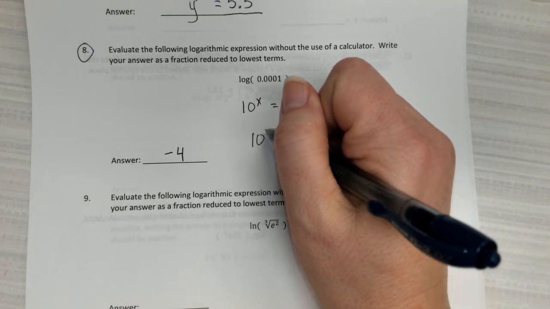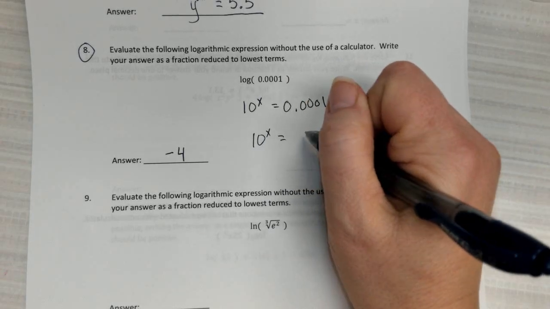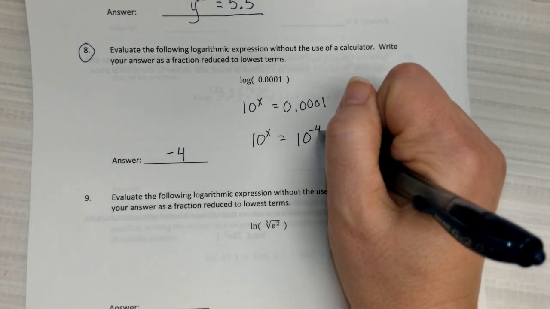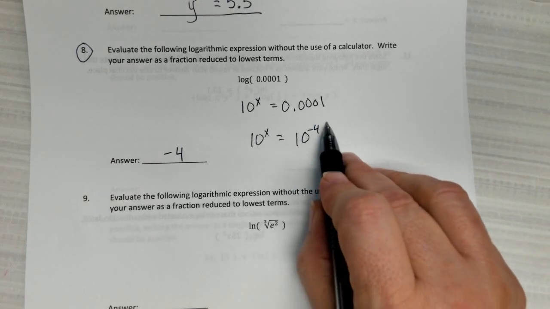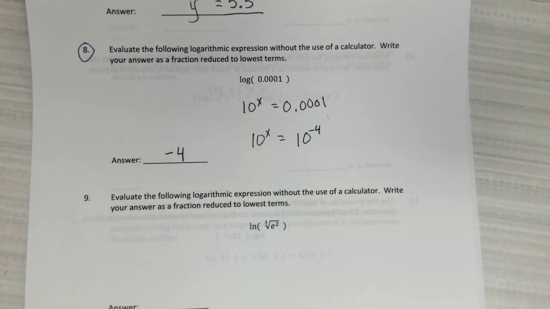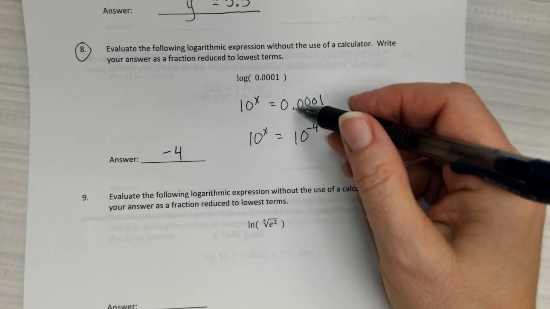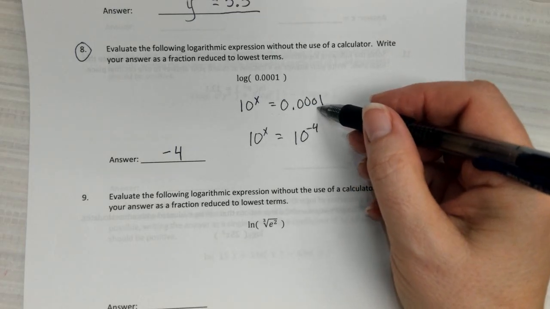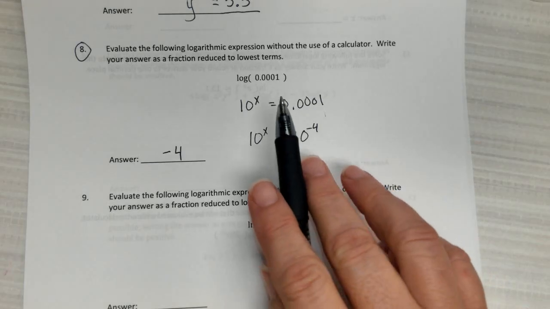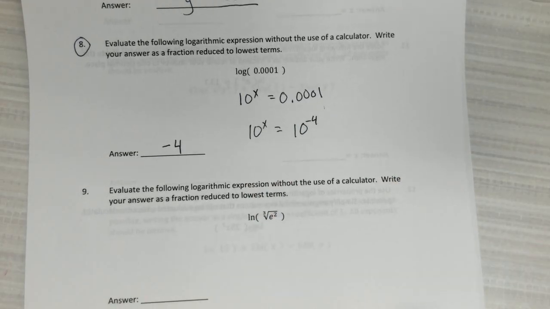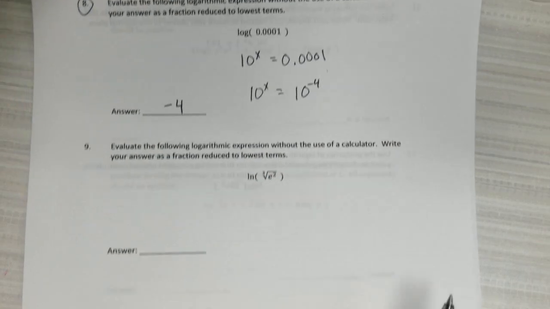Because this is the same as this, because 10 to the -4th is this. So really, I'm just looking for this exponent. That's another way of looking at it since it's a power of 10. 1, 2, 3, 4. And I just count zeros. Yeah, either way.